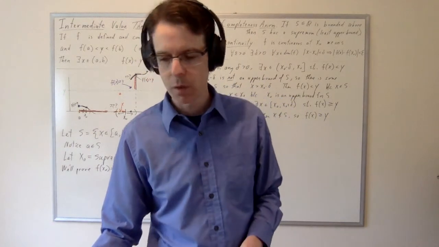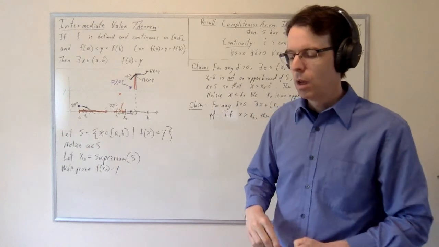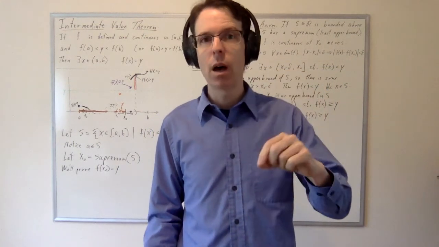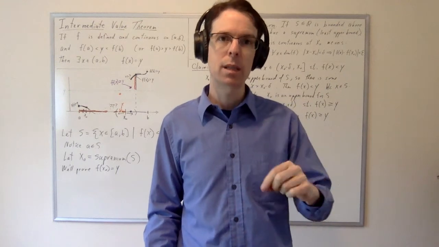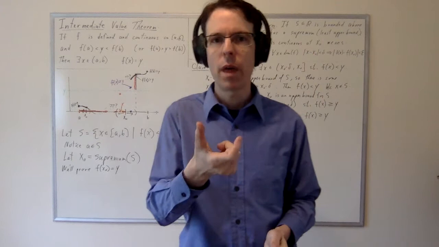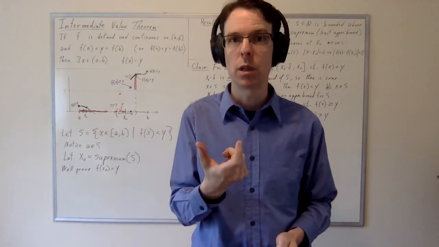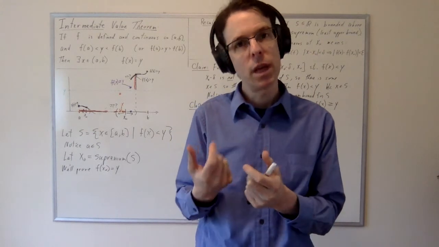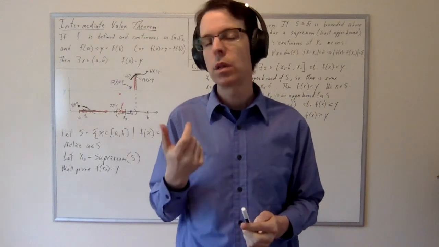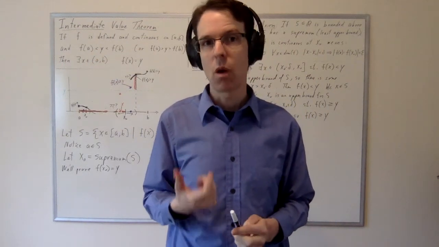So let's think about what the first two claims said. They said, if f of x naught is less than the target value y, then there is a neighborhood of that x naught on which that is equally true. And if the same value x naught has f of x naught greater than y, then there is a neighborhood on which that is also true.